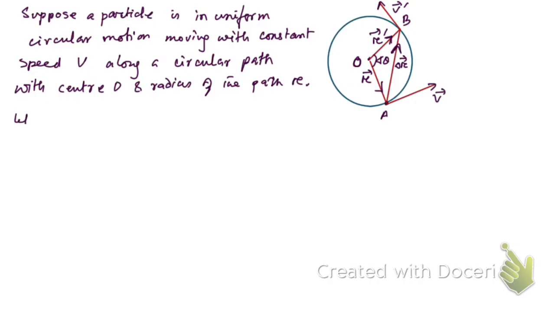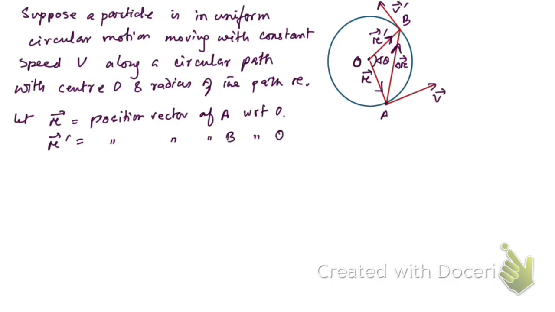here let me take that R is the position vector with respect to the center O, position vector of A, point A, with respect to the center O, and R dash is the position vector of point B with respect to the origin O. So in exam, don't write this WRT.